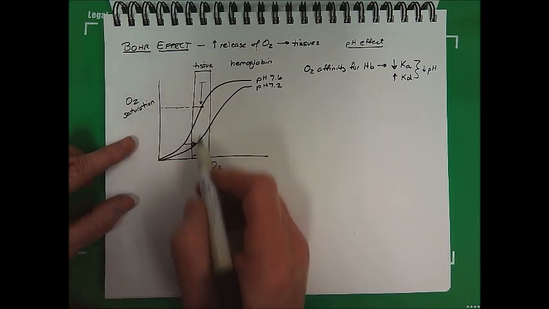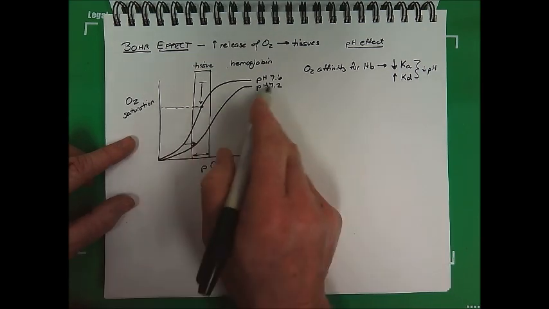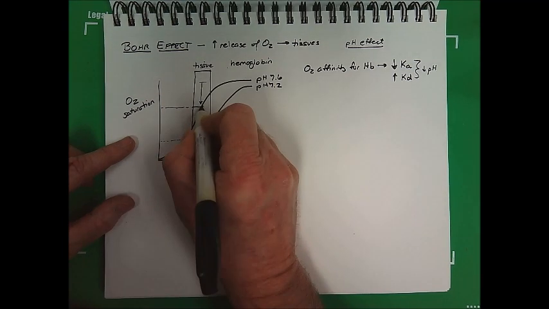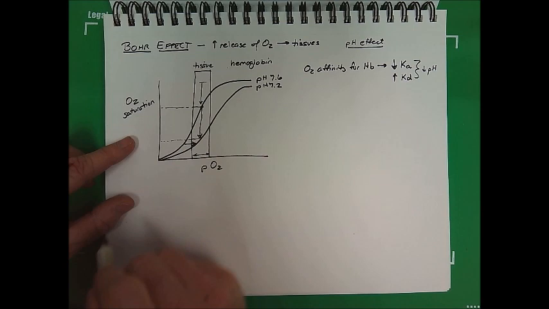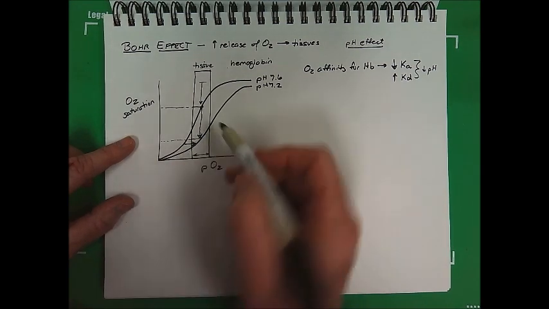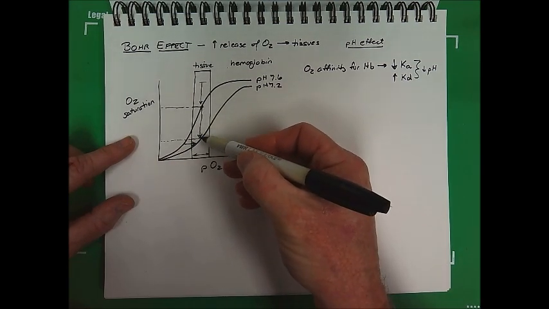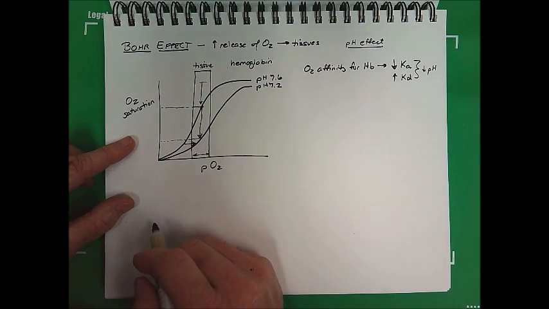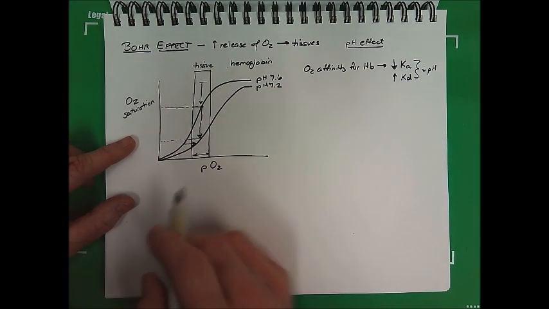The remainder would still be bound. But if we drop the pH, what we now have is an increase in the release of oxygen. The amount of oxygen bound to hemoglobin decreases, and this excess oxygen is now transferred into the tissues. This is the Bohr effect.